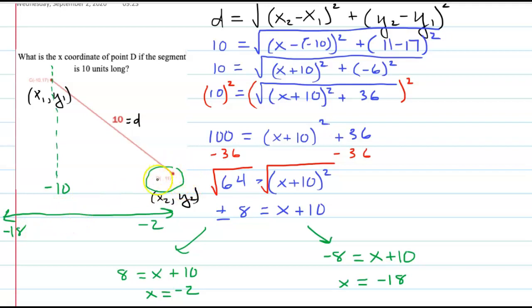So the only x value that can coincide with this point is the negative 2. So this is going to be our missing x coordinate for this point. So that's how you can find a missing coordinate of an endpoint by using the distance formula and working backwards.